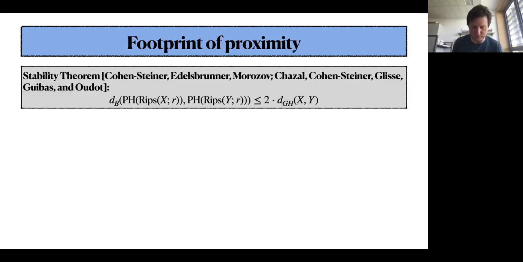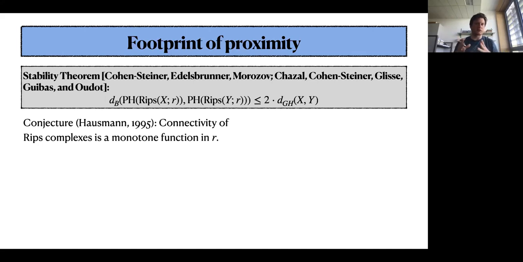I will call a footprint arising from stability result a footprint of proximity. So stability result for persistent homology tells you that, I mean, one of the versions tells you that if 2 spaces are close in Gromov-Hausdorff distance, then their persistent homologies, well, the diagrams are fairly close as well.